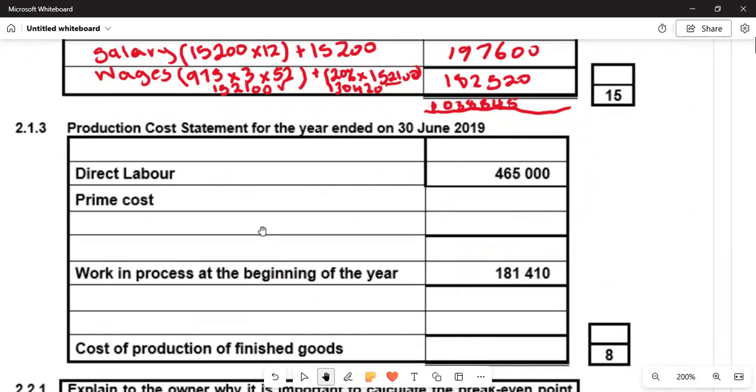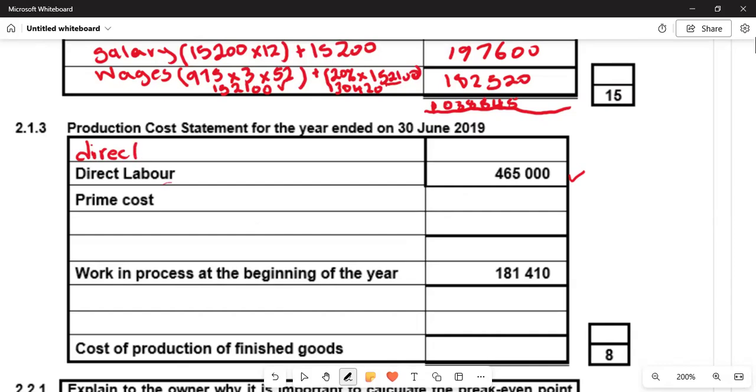We already have direct labor, which is given on our answer sheet.